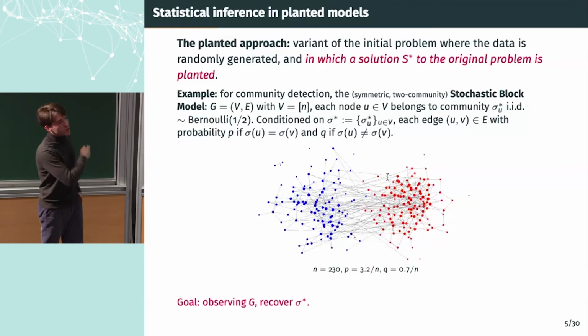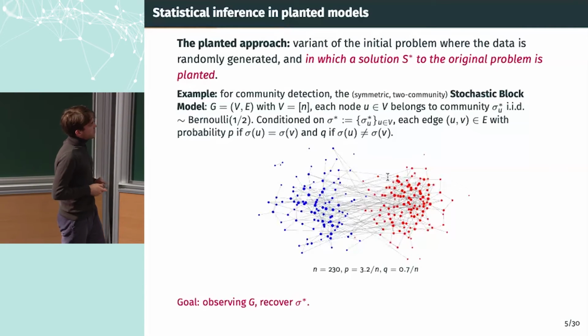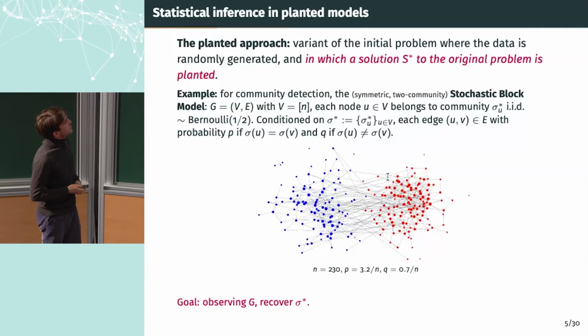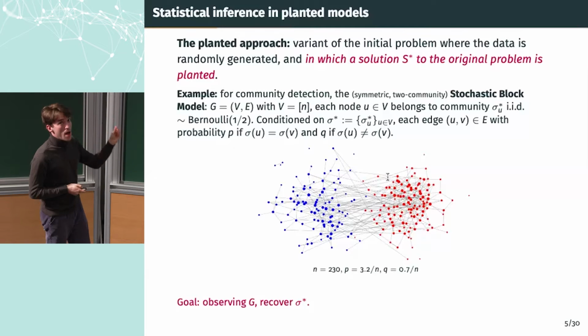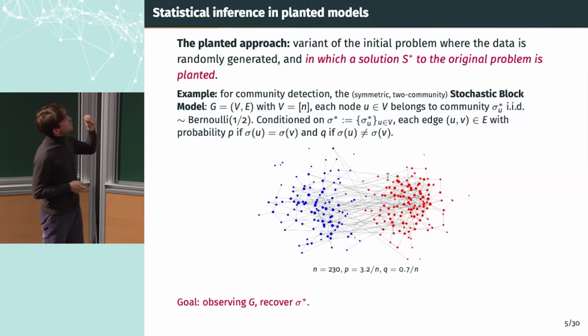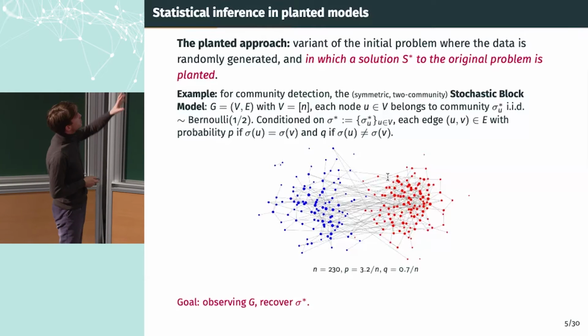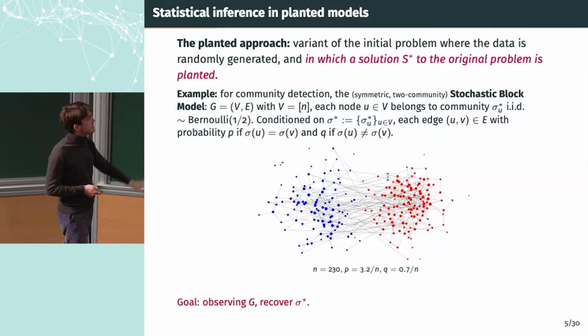So for instance, in the community detection problem, I can imagine that my graphs are generated according to the popular stochastic block model, where you have a graph of n nodes, and each node has a community, which is sampled at random, say with probability 1/2 to be in the first or the second community.